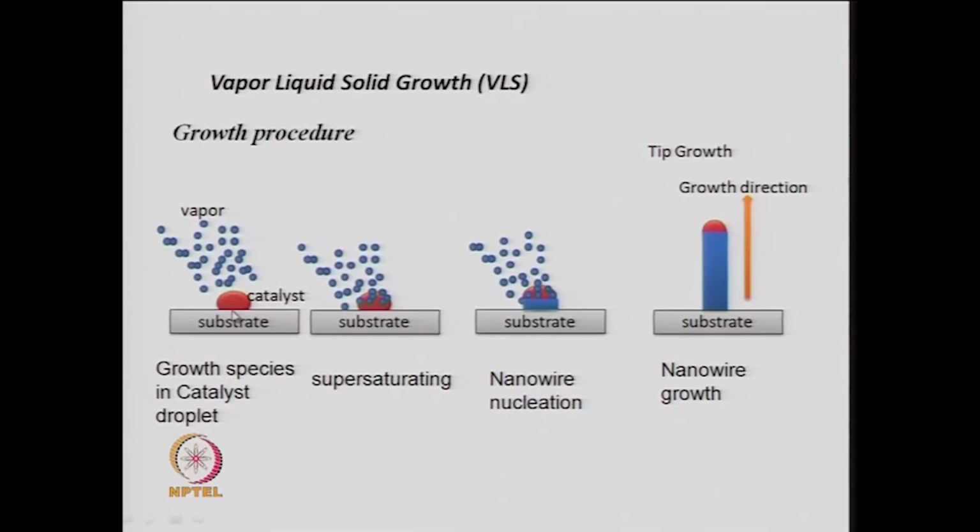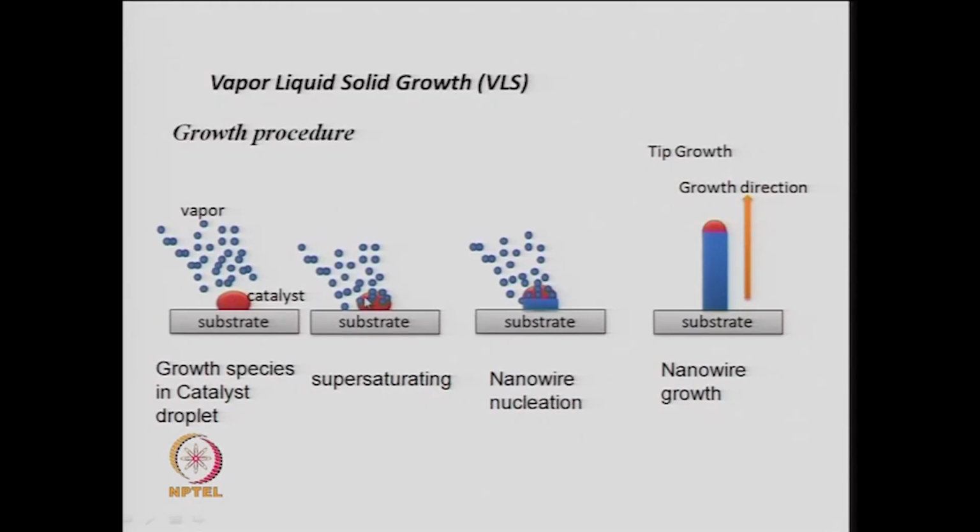Now, the substrate and droplet interface is where the actual growth takes place. Now, how will this take place? These molecules which are in the vapor phase have to diffuse through this liquid droplet.